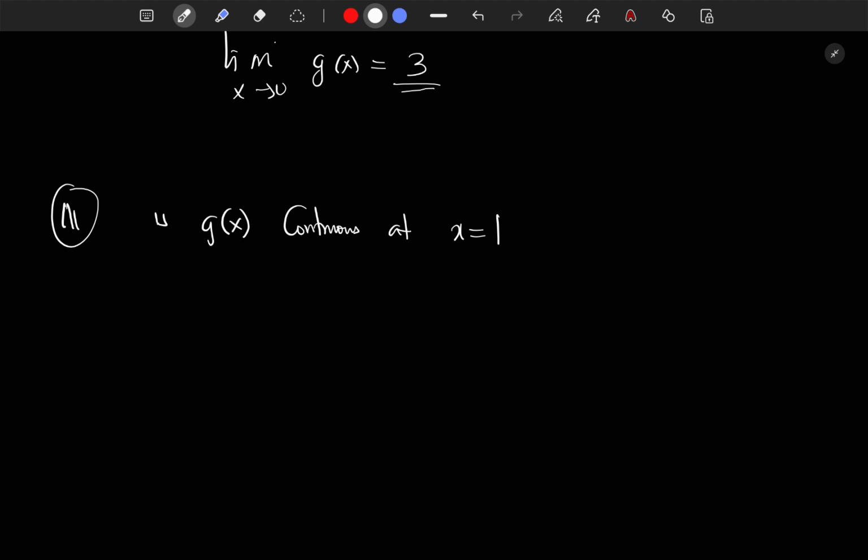Now, some of you, when we say, is it continuous? It needs to be evaluated at that particular point. The limit must exist at that particular point for it to be continuous. That is what we mean by continuous. So let's get our functions.